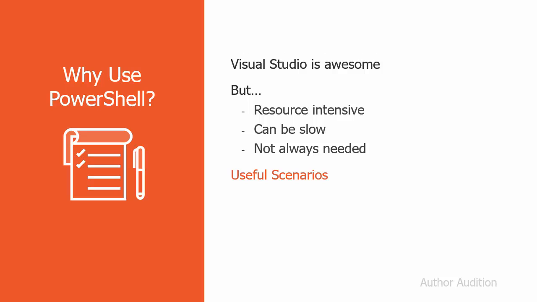So some useful scenarios where I find it helpful to use PowerShell to do builds is in a scenario where maybe I've made a bunch of commits locally and everything's working well. But before I can push my commits to GitHub, let's say, I have to pull in whatever other changes people on my team have made, and then I want to do a build to make sure that everything is still working after pulling in those changes, and then ultimately push my changes to the server.